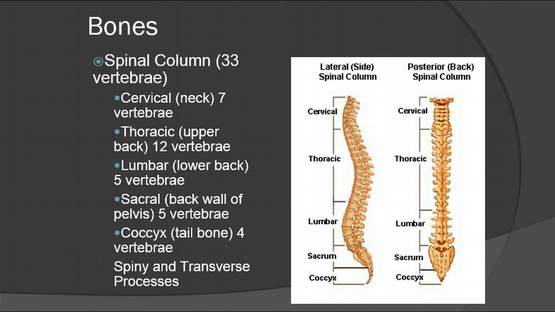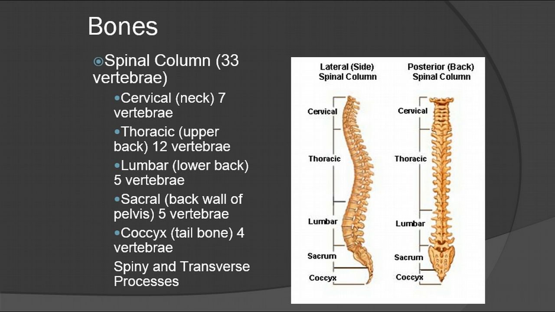So if you become injured or if something occurs to your spine, it can affect your nervous system through your spinal cord, and that's where the issues come into play.